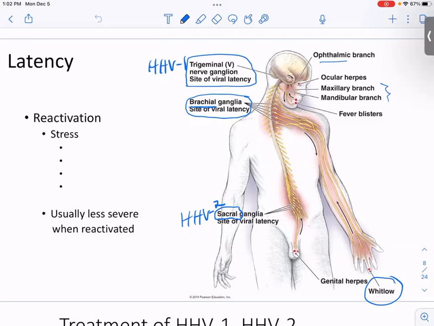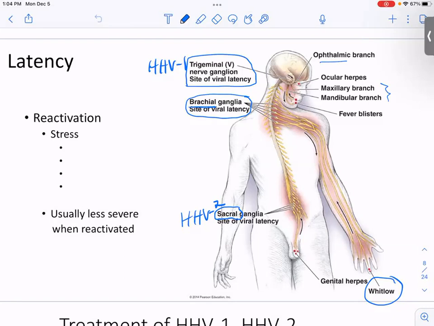But one is that they have the ability to go latent. So remember, we said they went latent as episomes, so they don't actually integrate into our cells' chromosomes. They integrate as little plasmid-like structures, but they don't ever come out of our cells. They're really closely associated with the chromosome.